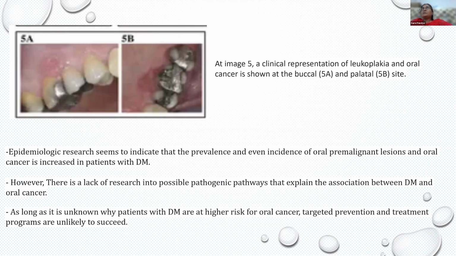Although we have seen the incidence is higher in the diabetic patient, we are not aware of any associated pathophysiologic pathway, and the research is still pending, and there is a lack of strong evidence behind it. This is just an association that has been seen in epidemiological studies, and because we don't know the underlying pathophysiological mechanism, prevention and treatment are still lacking for this part.